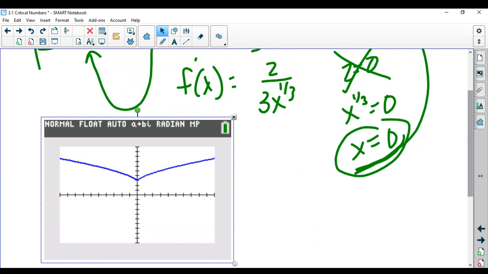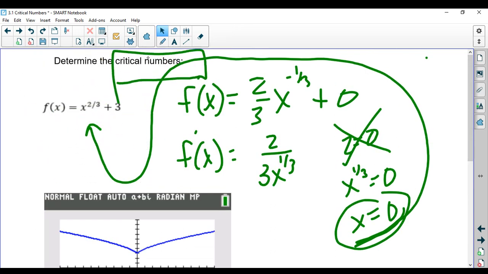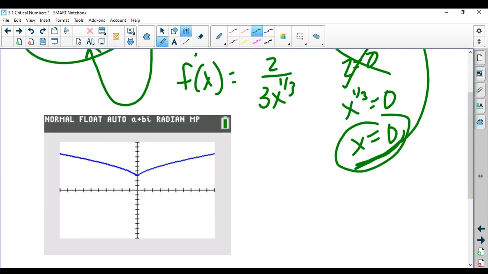I'm graphing the original function here, and you see that this graph at 0 comes out to a corner like this. So that is an undefined derivative, so it makes sense that the critical number is at x equals 0.